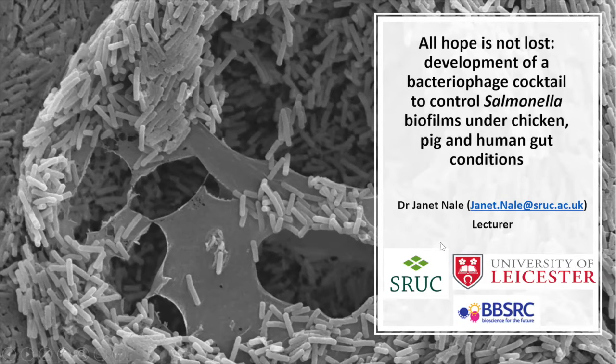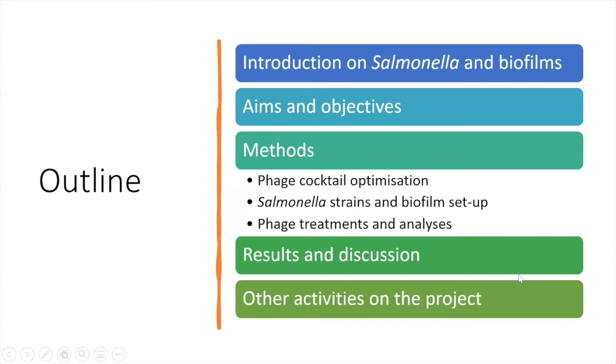I'm currently working for SRUC, Scotland's Rural College, but all of the data that I'm going to present today is part of the BBSRC project, and it was done during my postdoctoral role at the University of Leicester. The outline of my talk is categorized into five parts. I'm going to briefly introduce Salmonella and biofilms, and then the aims and objectives of our work.